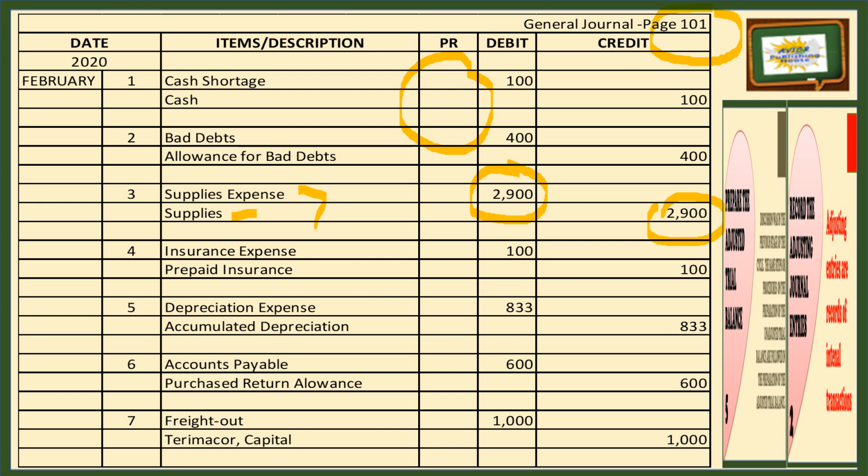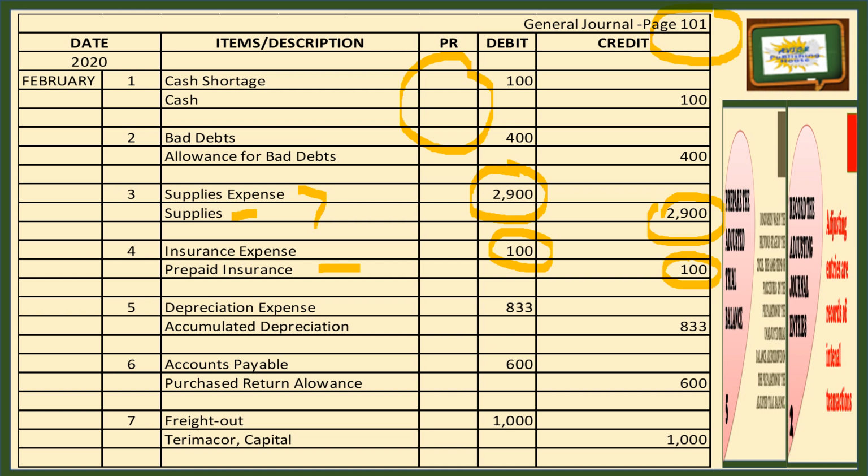The method used was the asset method because prepaid insurance exists in the unadjusted trial balance. Therefore, we have to record the expense. So insurance expense of 100 is debited and credited to prepaid insurance.